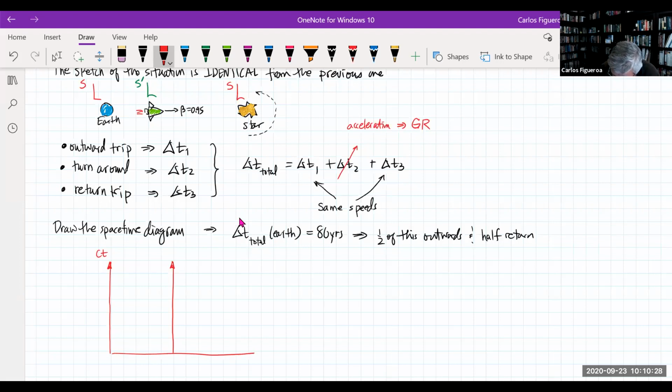Because these guys are separated spatially, this one represents the Earth, and this one represents the star. And they're moving through time in this inertial frame of reference. So now I'm going to draw a line. I've got to be careful with my lines here, but I'm going to cheat here.